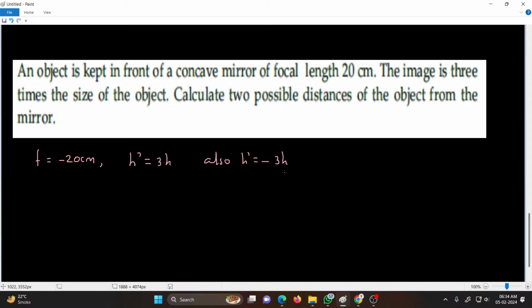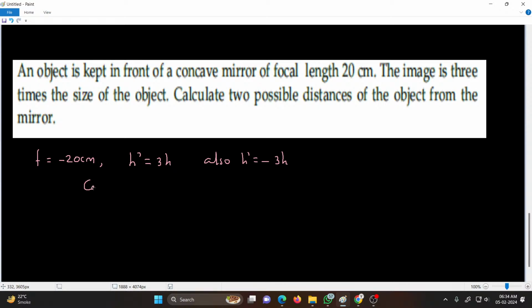If the object is within the focal length of the mirror, then you will get a virtual and magnified image, and if the object is between F and C, then you will get a real and magnified image. So you have to take 2 cases.